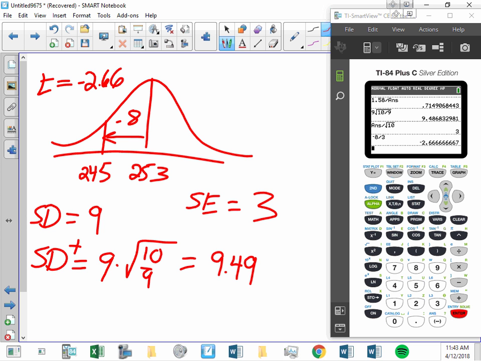Now, if this was a z-score, we would reject the null for sure. But I might as well just forget about the negative, right? Because the t-score table is right-tailed, so I'm just going to flip the whole thing around and change it to a plus.